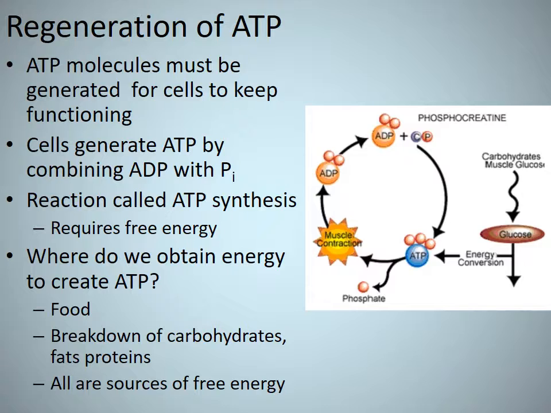Our cells can also break down fats and proteins, but they're all sources of energy. We're going to be taking a look at glucose. Glucose is the molecule, again, that's the major playmaker here in cellular respiration, and it's the energy that's found in glucose that our cells will use to store as ATP.